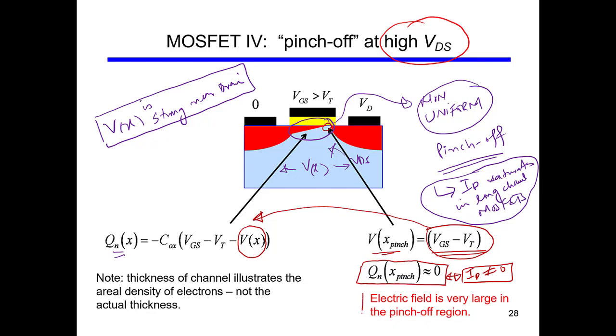And what happens actually is that the electric field near the pinch-off point is very strong, and the number of charge carriers is very low, but the electric field is very strong, so it moves through the pinch-off region very fast. So overall current is charge per unit time.